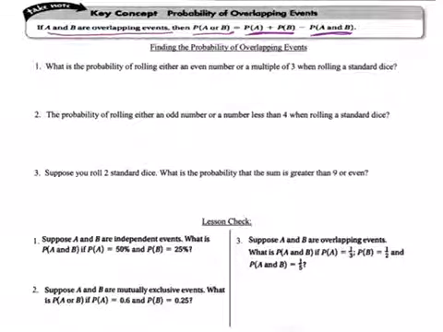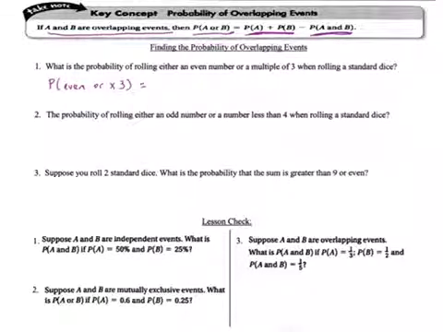So let's look at question 1. What is the probability of rolling either an even number or a multiple of 3 when rolling a standard die? So we're looking for the probability of even or, in this case, the probability of, I'm going to say, multiple of 3.